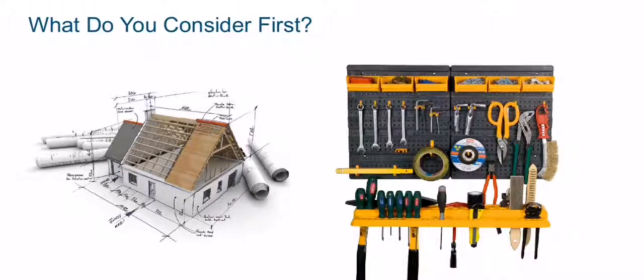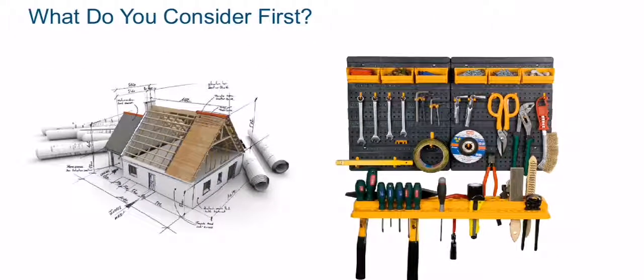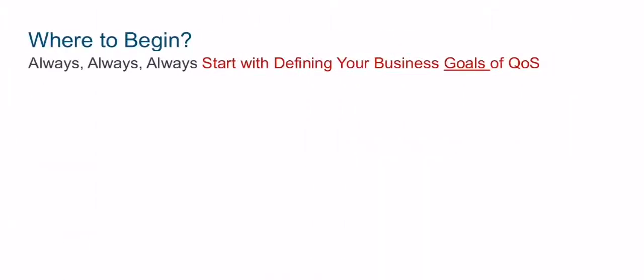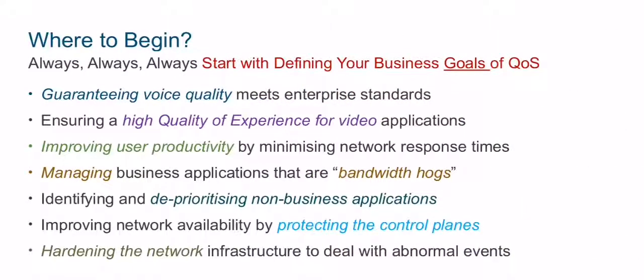What do you consider first? Where to begin? Always start with defining your business goals of QoS. Here it says: guaranteeing voice quality meets enterprise standards, ensuring a high quality of experience for video applications, especially whenever it's video conferencing, improving user productivity or minimizing network response times, managing business applications that are bandwidth hogs.